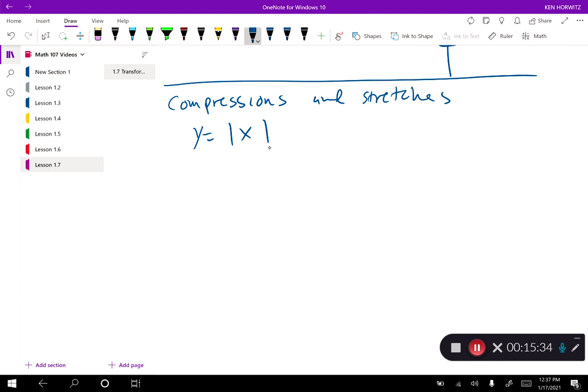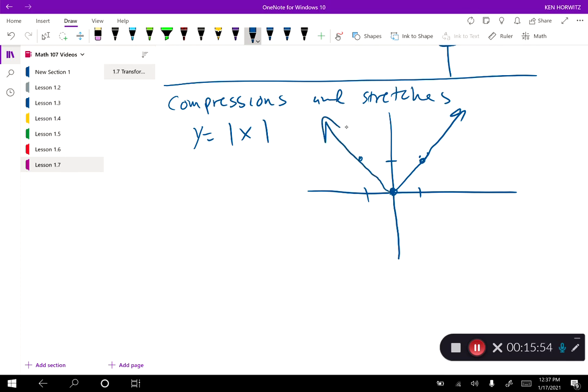So I'm going to use the absolute value of x. And basically what the absolute value of x looks like, vertex again at 0, 0, 1, 1. Freehand, that's about right.